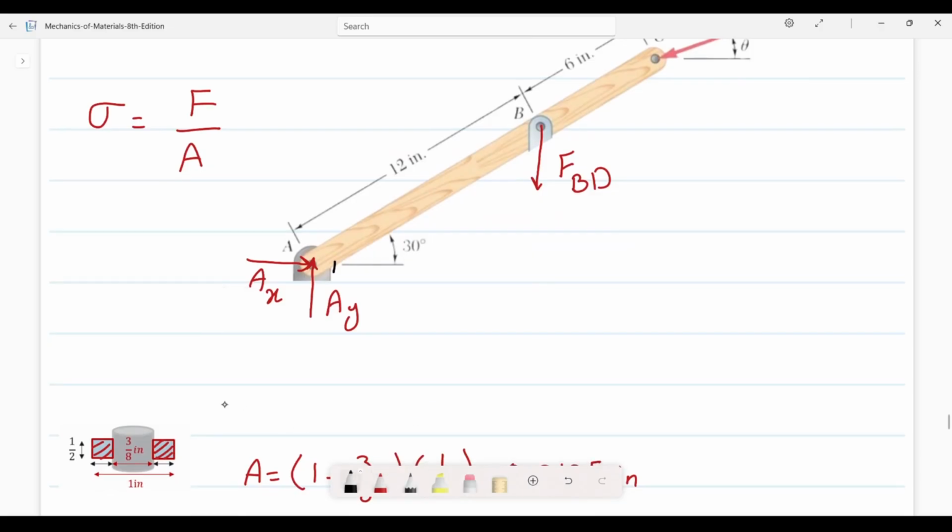Now we write the moment equation about support A. It means sigma M about A, positive, equals 0.